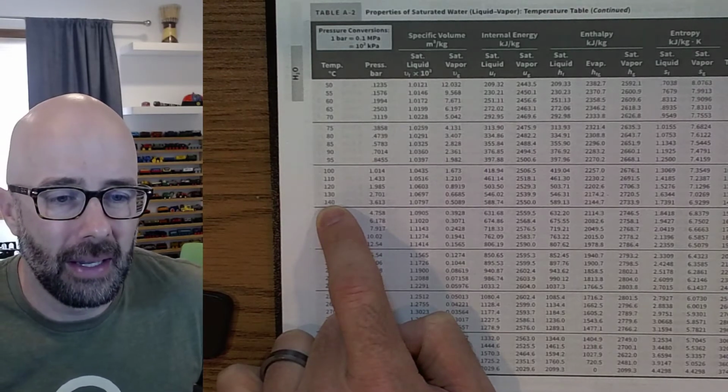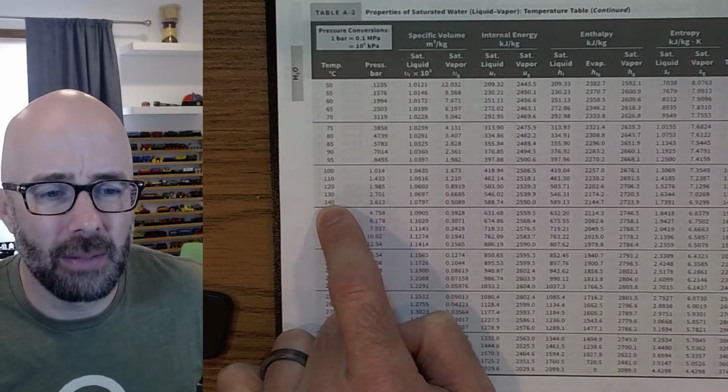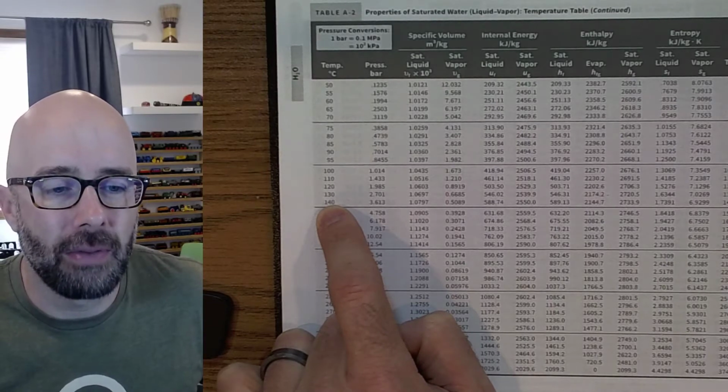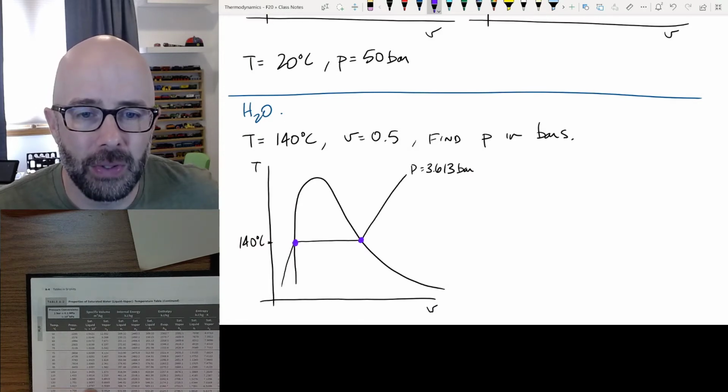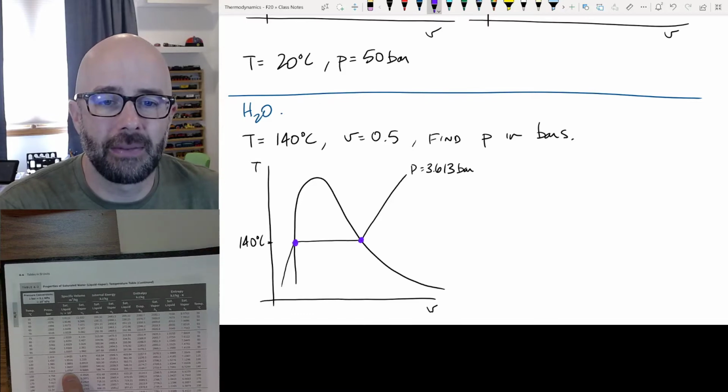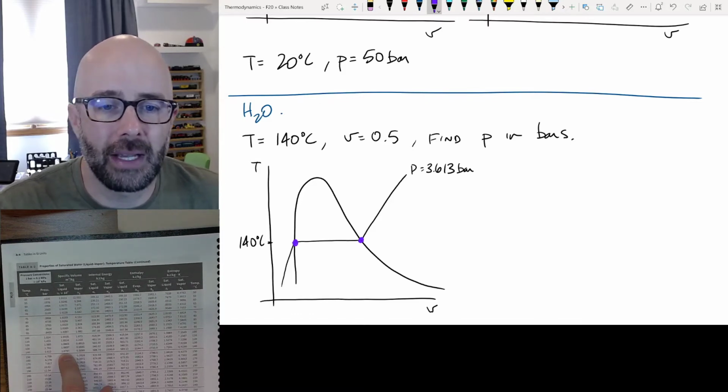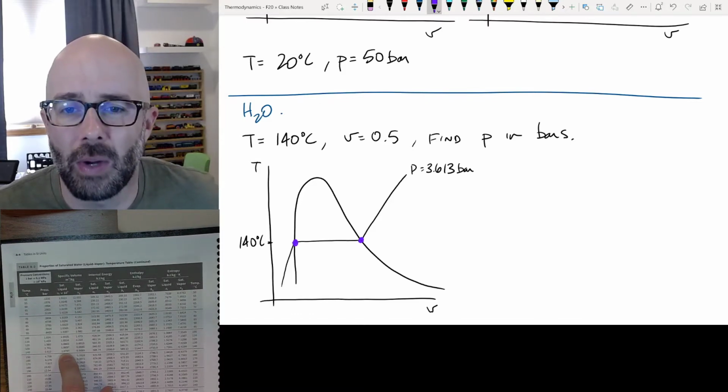And so now I hope you have this pulled up yourself. Okay, so I'm now going to read off the values of what is my specific volume for a saturated liquid and what is my specific volume for a saturated vapor.